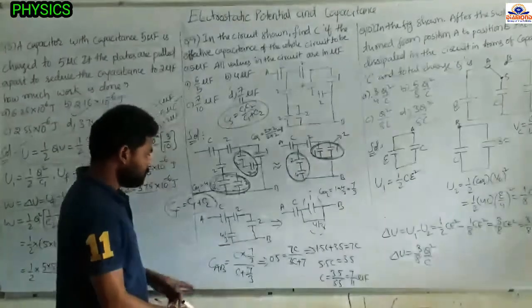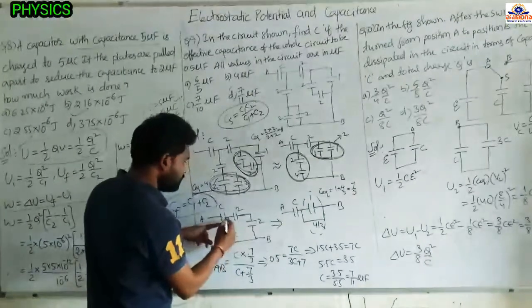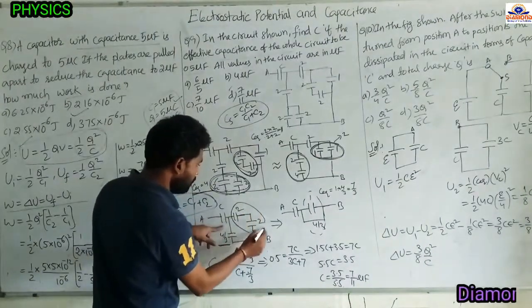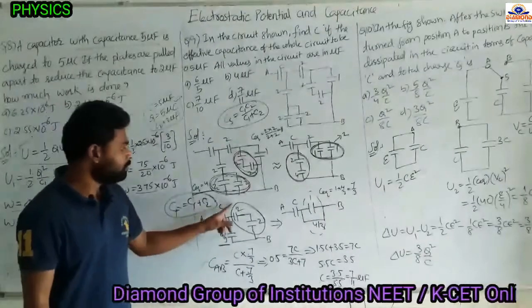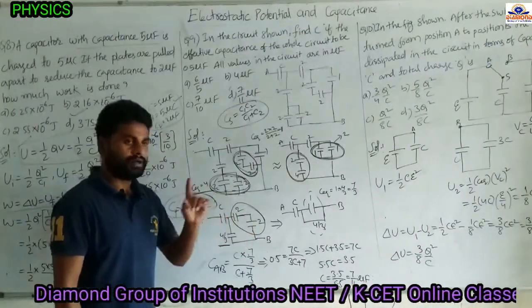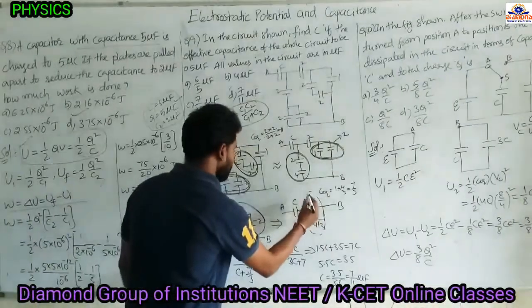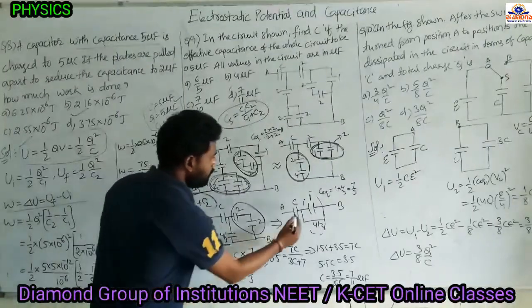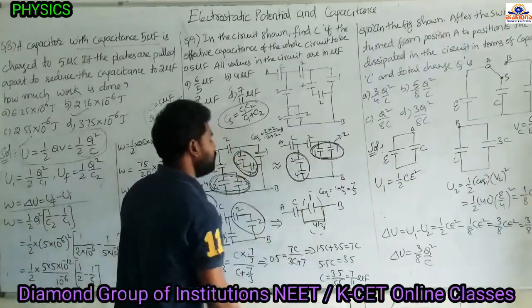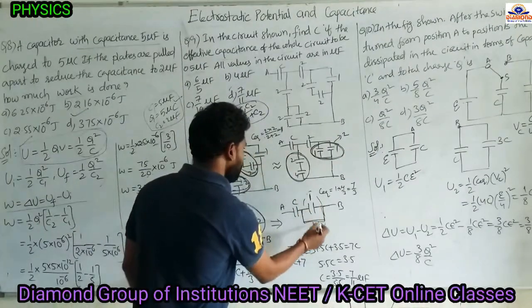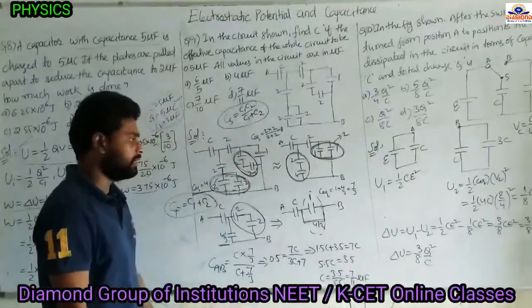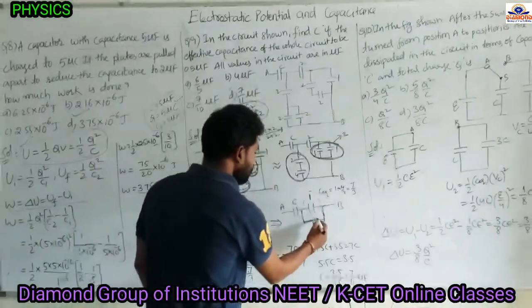And next come to see here. So C is there, C. These two are in series combination. 2 into 2 by 2 plus 2, 1. So the equivalent capacitance is 1. And next what is here? 4 by 3 is there, 4 by 3. Okay, now next here, see, these two are in parallel combination.